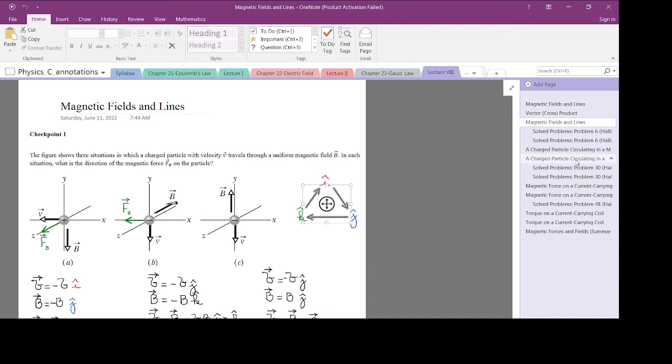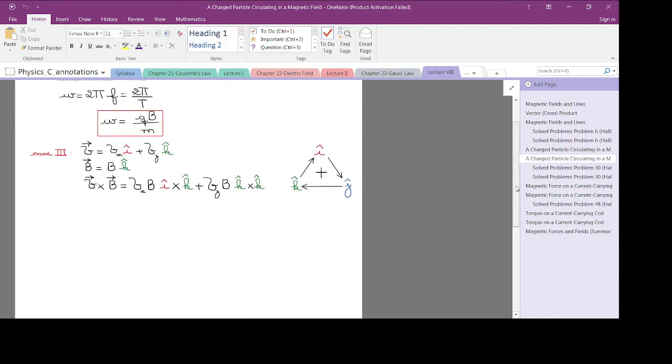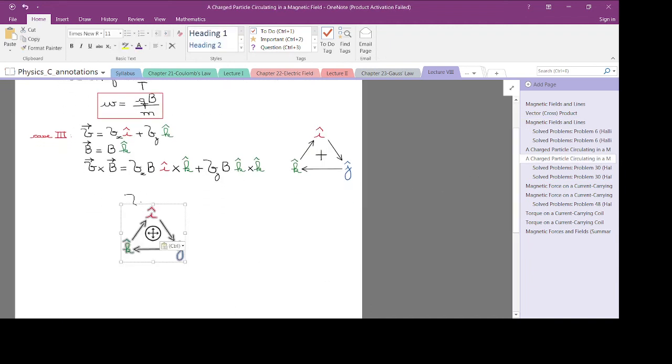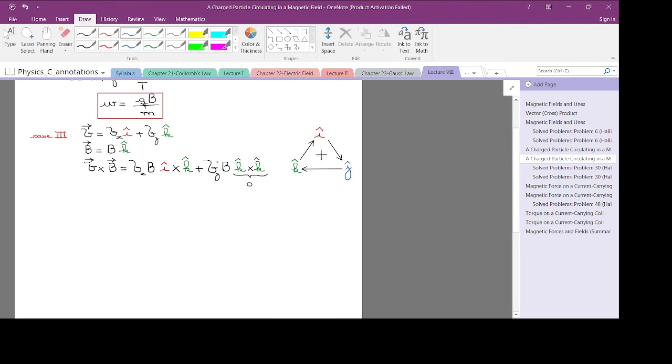Okay, guys. So this one is going to be 0. This one is going to be j, minus j actually. i cross k is minus j.